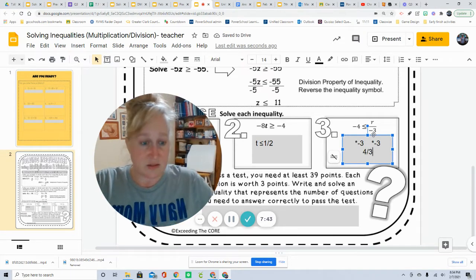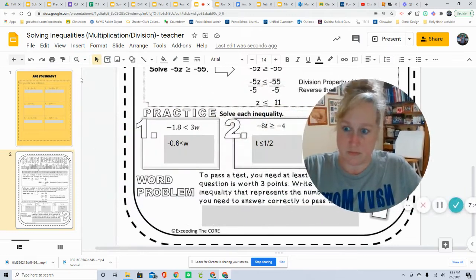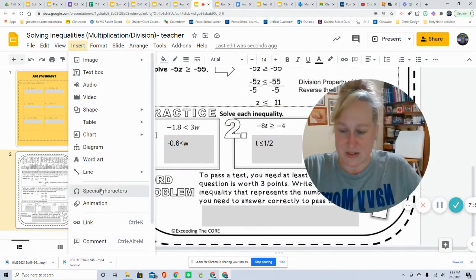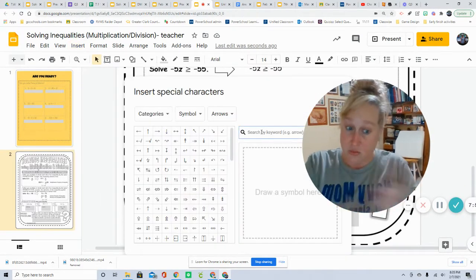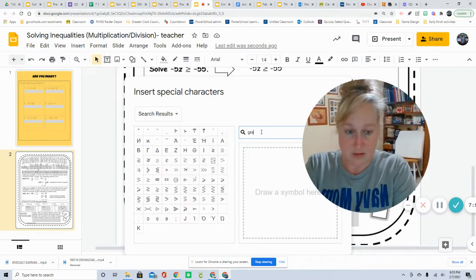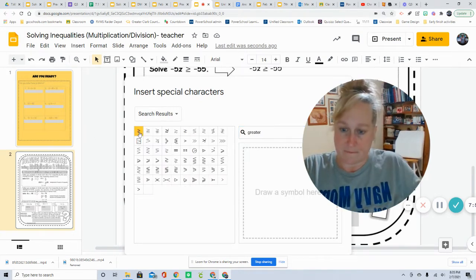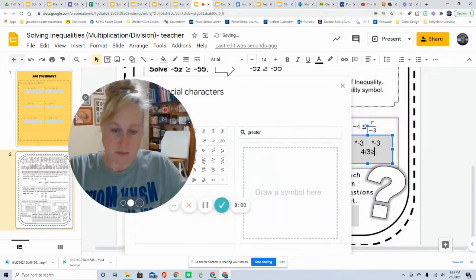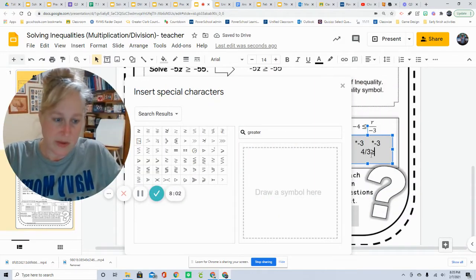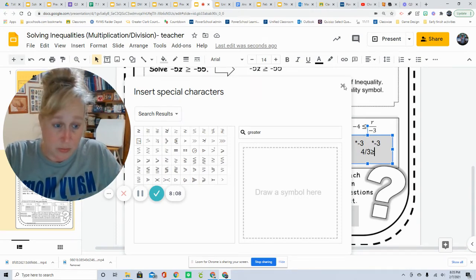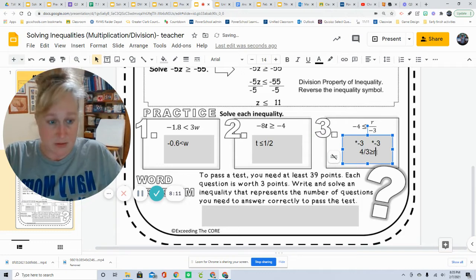And this sign right here is going to be flipped. So instead of a less than, when I go insert special characters, I'm going to type in greater than because it's flipped. Yep, it went in. See how they flipped? They changed which direction. As some kids would say, the mouth is open. And then I put my R.